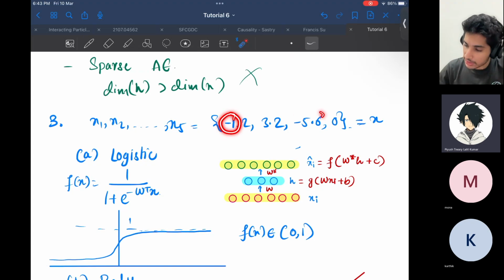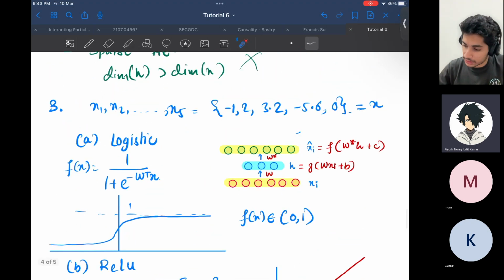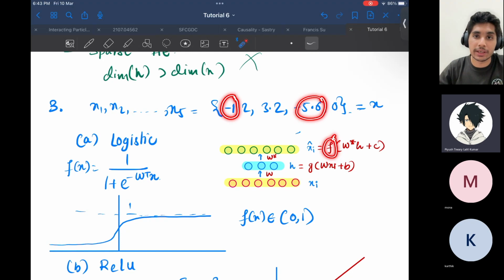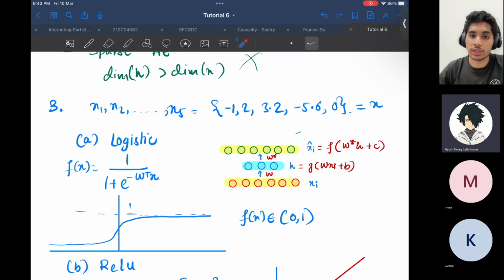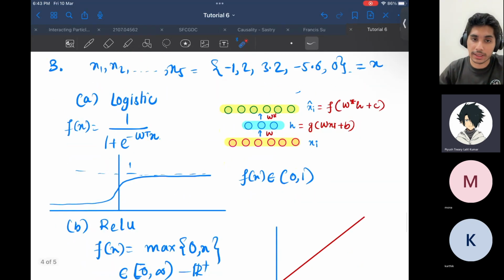Well, yes, minus 1 and minus 5.6 are negative. Hence, if I use ReLU as my activation function, I would never get minus 1 or minus 5.6 as my output, because ReLU will not give me anything negative. Hence ReLU is also not a good choice. I hope you can see that, right?